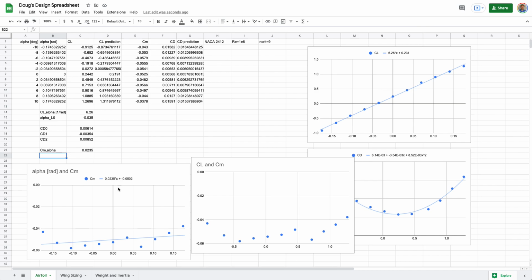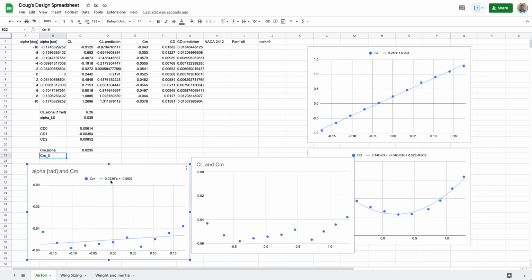Okay. And then we could also characterize this. We need not only a slope but then an intercept, and the intercept that we would use here is Cm at alpha naught, or you can call this Cm0. This is the pitching moment at 0 angle of attack. So that would be this value here.